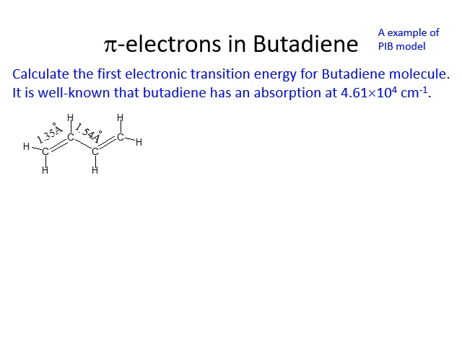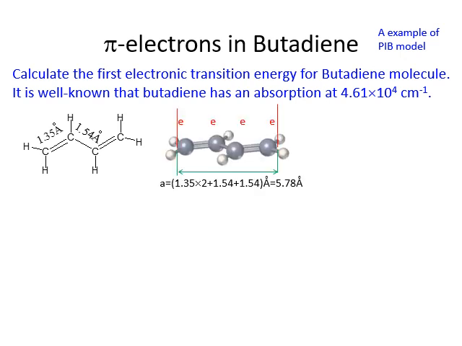Butadiene has 2 double bonds and 1 single bond. As we've seen, this is a conjugated system with each carbon contributing 1 electron from a p orbital. These electrons can move freely along this molecular framework, but cannot get out of the molecule. So it's a 1D box.